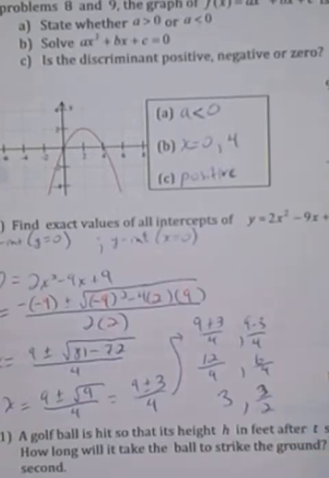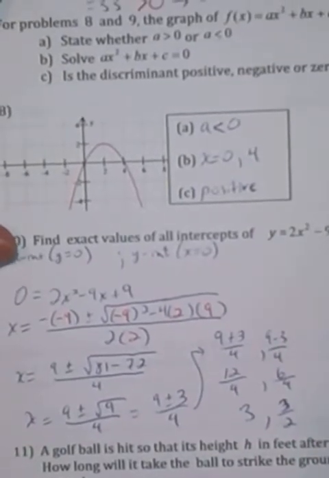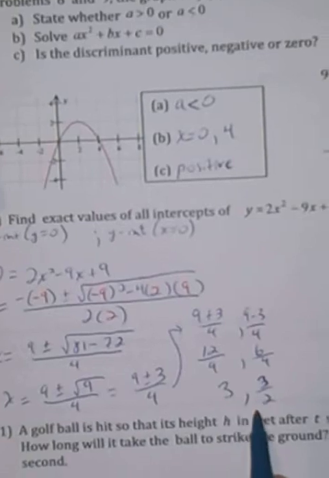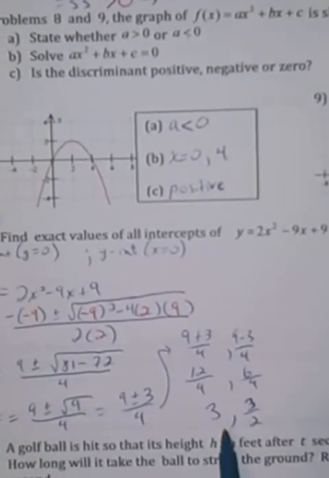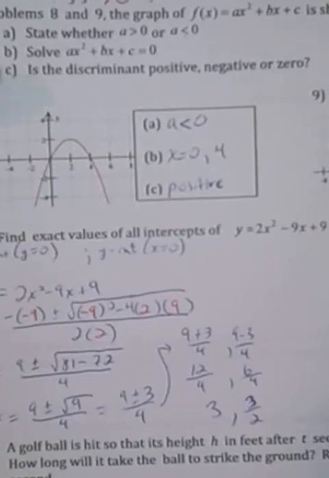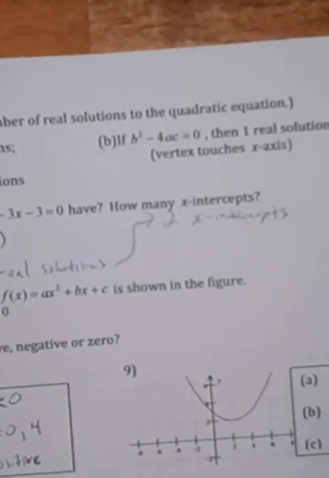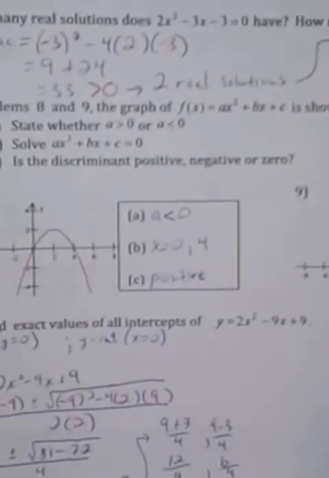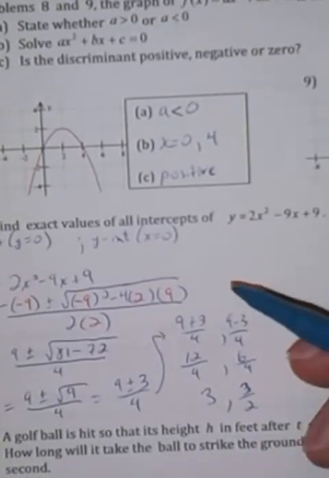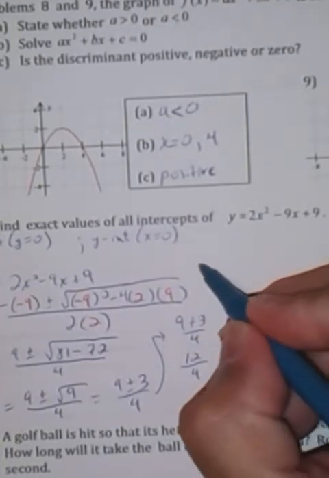Now, what are the x-intercepts? The x-intercepts are 2 points. We know there are 2 points because there are two values of x, aka two real solutions. Remember we said the number of real solutions goes with the number of x-intercepts. So we have two x-intercepts.